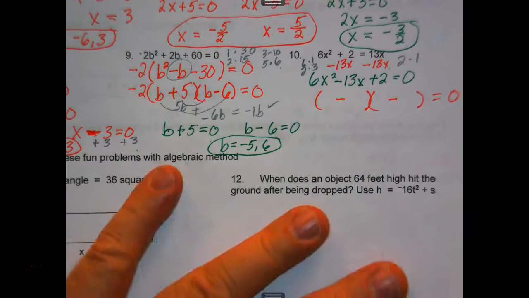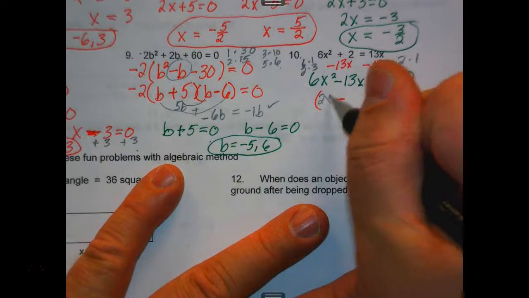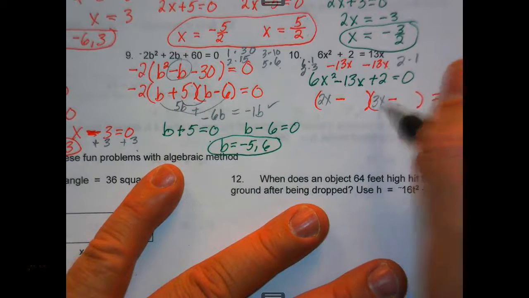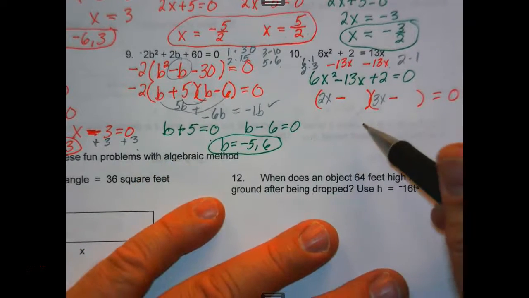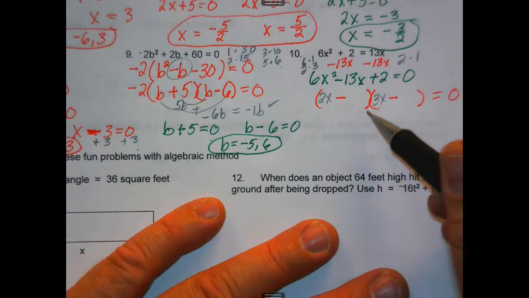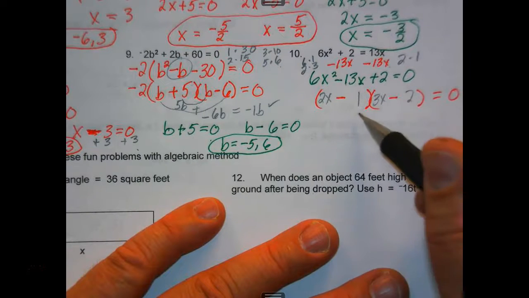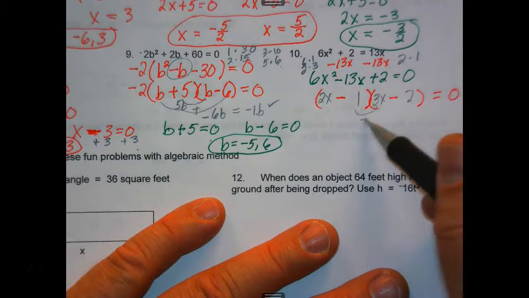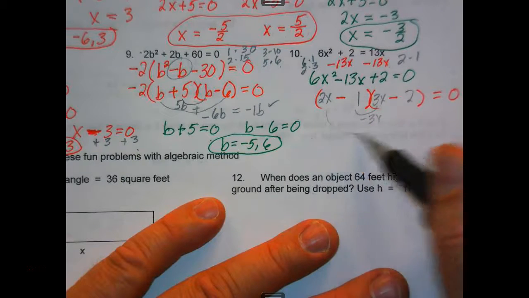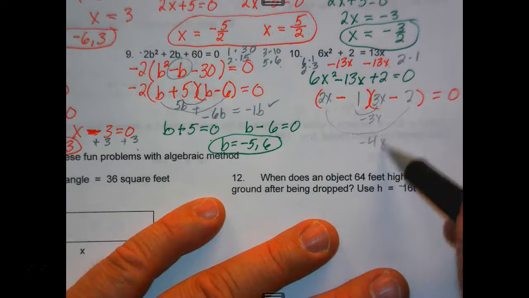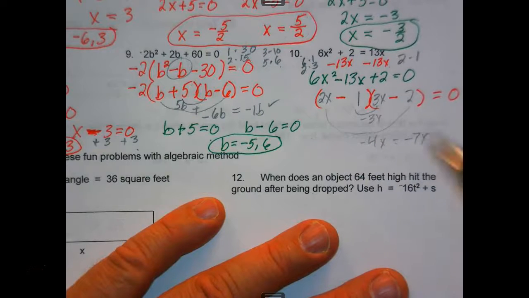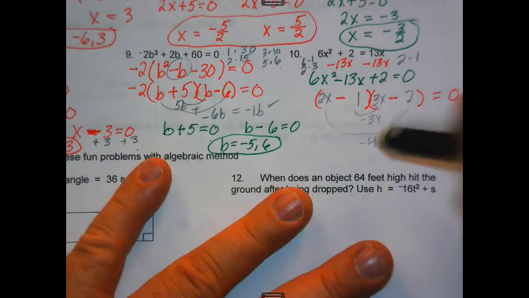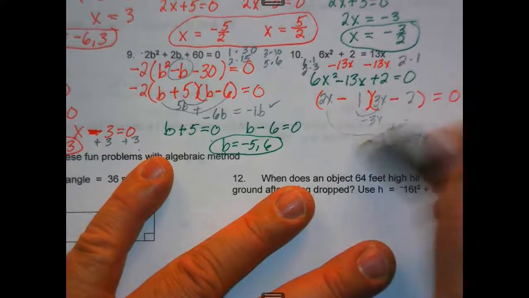You want to try 2 and 3? So 2x and 3x. And then what about the 2 and 1? 1 and 2. So I have negative 3x, negative 4x. That adds up to negative 7x. Close, but no cigar.